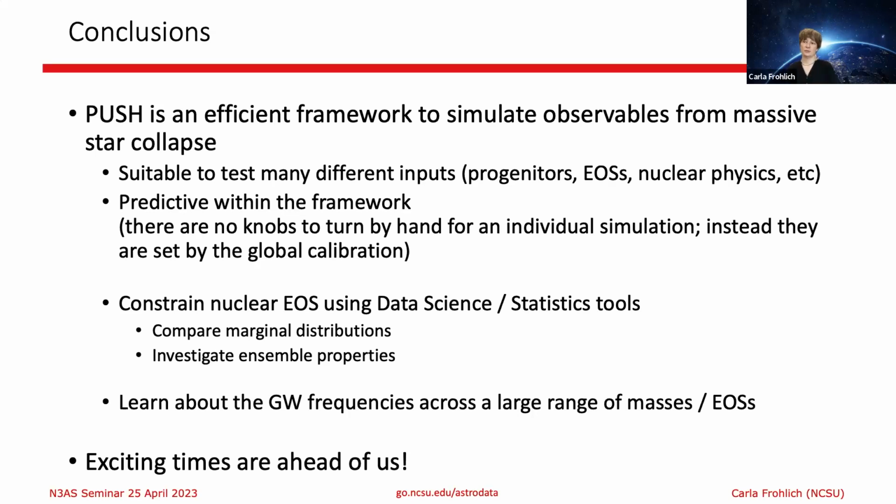And they're very useful to probe across large ranges of progenitors, equations of state, whatever parameter space you want to look at, and get a sense of the bulk properties of those supernovae that come out.